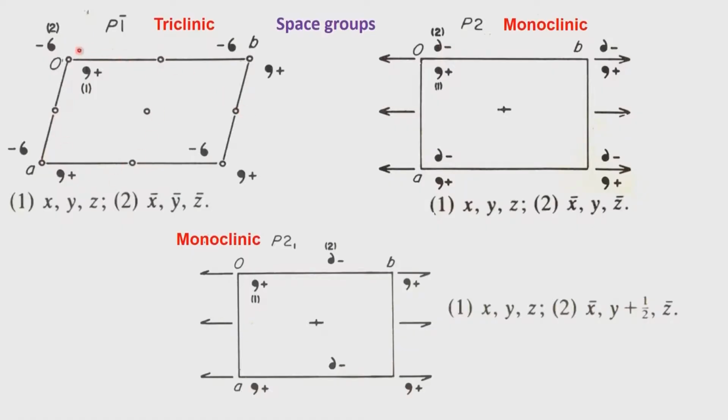In order to identify that they are different from each other, a convention defined by a person by the name Wyckoff has been formulated. We will discuss the Wyckoff notation and Wyckoff formulation when we look at the entries in the International Tables, because most of you are non-practicing crystallographers from the crystallographic point of view, but you are practicing chemists who use crystallography, practicing physicists who use crystallography, and so on.